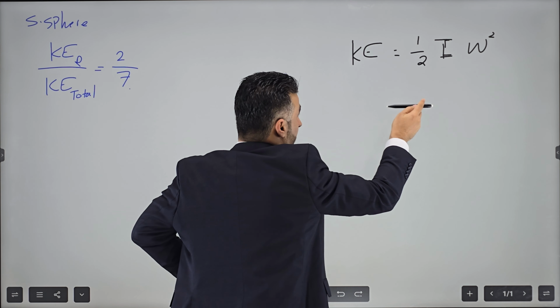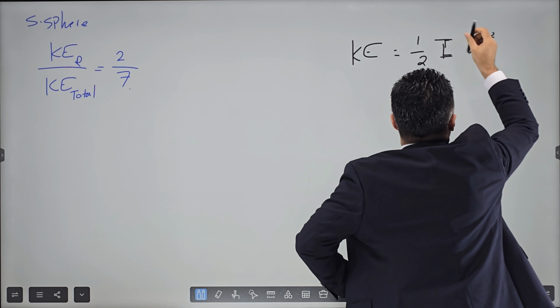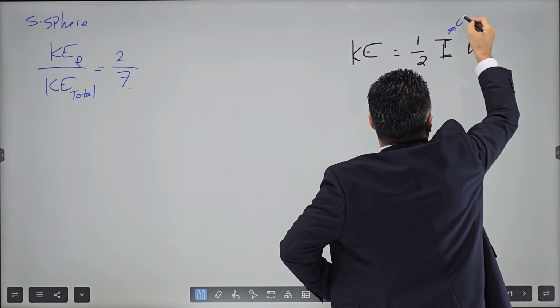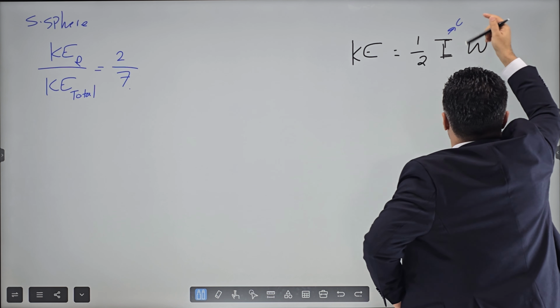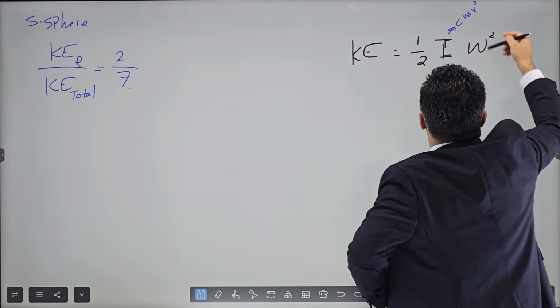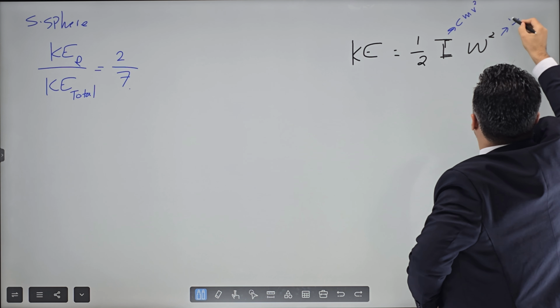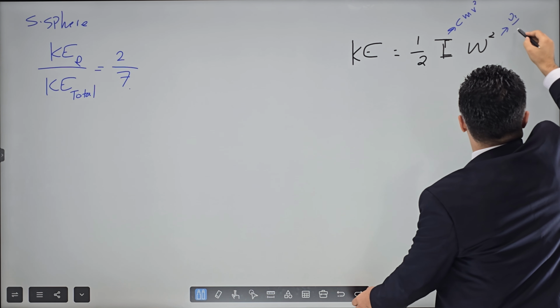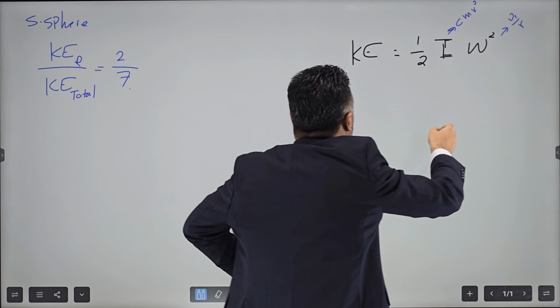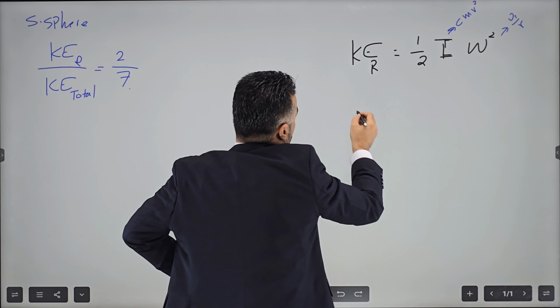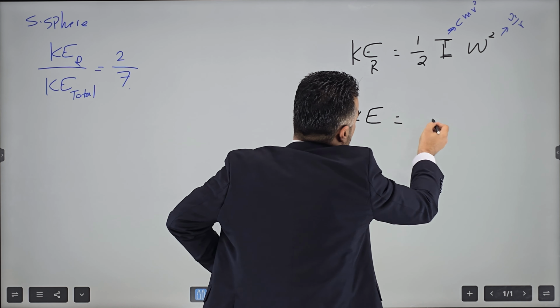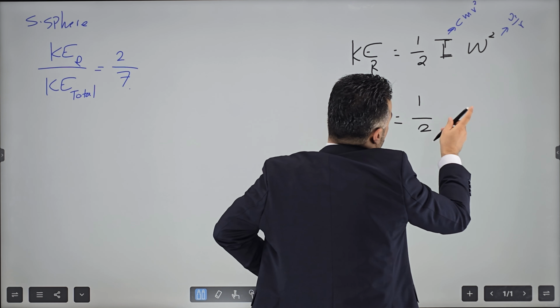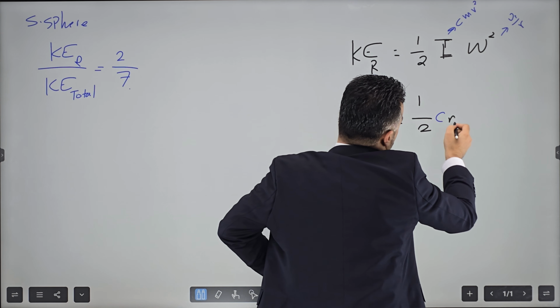And previously we've learned that moment of inertia is equal to c times mass times radius squared. And for omega, it is equal to tangential over the radius. But now we have to plug these into the equation. That is for rotation. So kinetic energy of rotation is equal to 1/2 times c times mass times the radius.